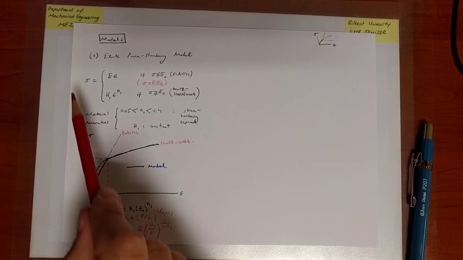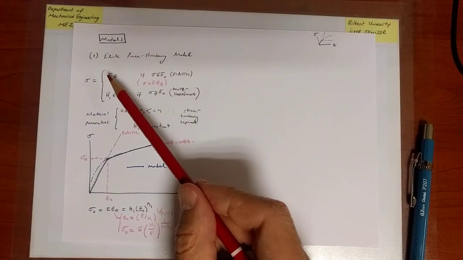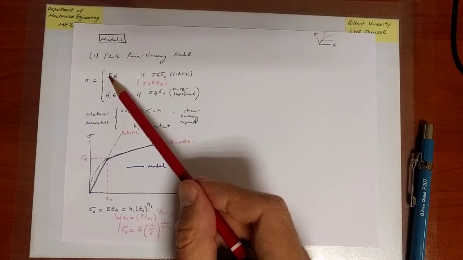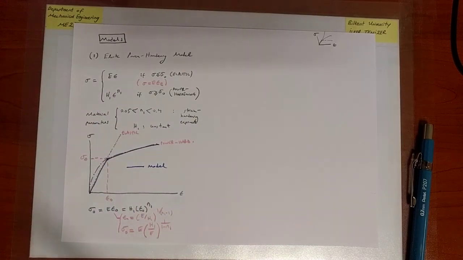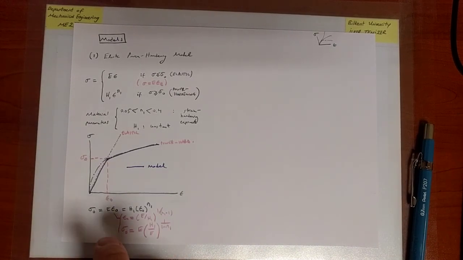So overall, when I look at this model, apart from the value of the Young's modulus, I have only two material parameters, H1 and N1. Sigma naught is not an independent parameter. So this is the elastic power hardening model.